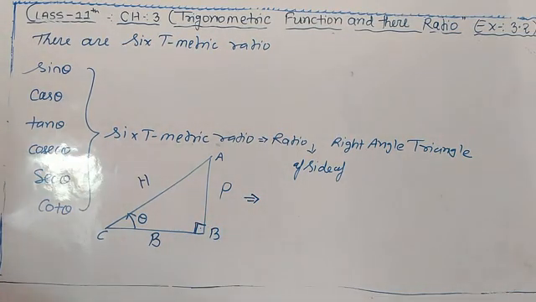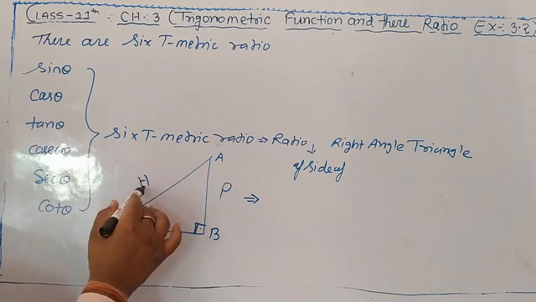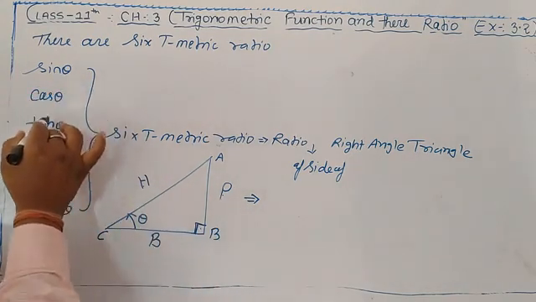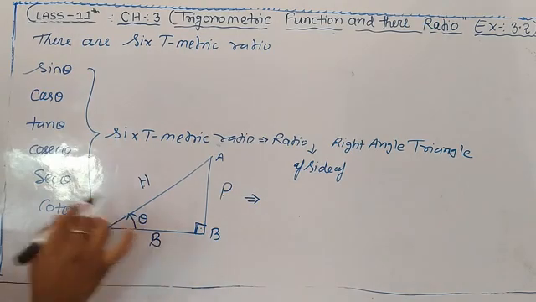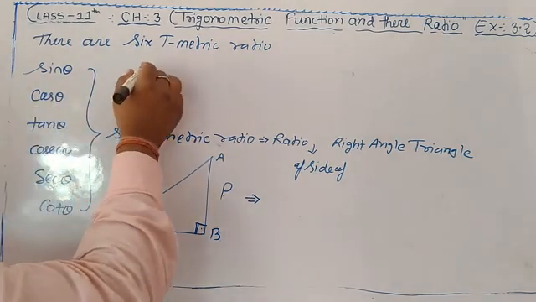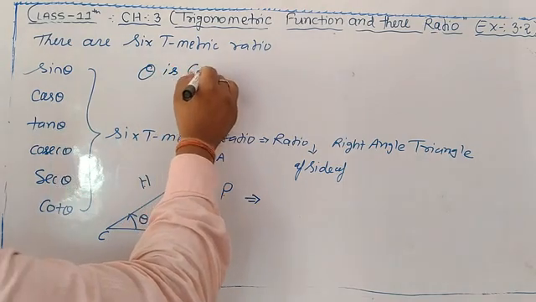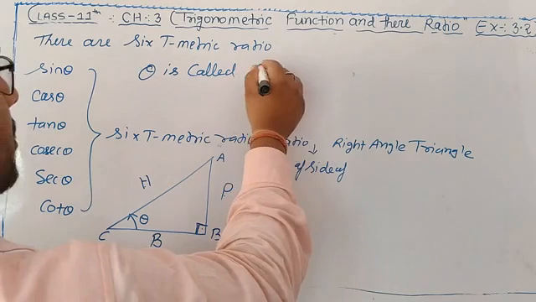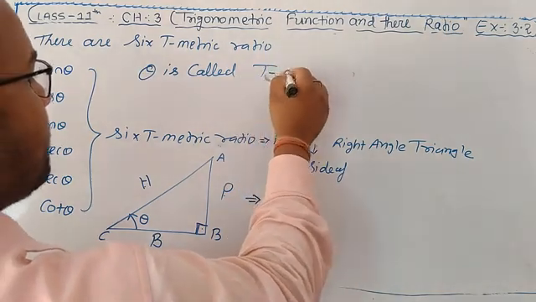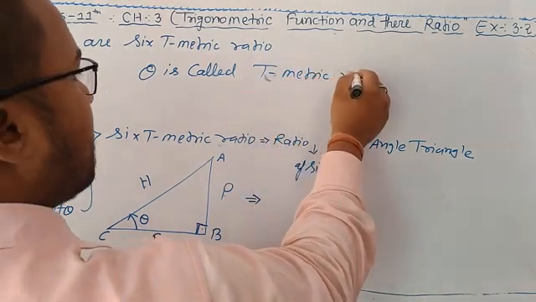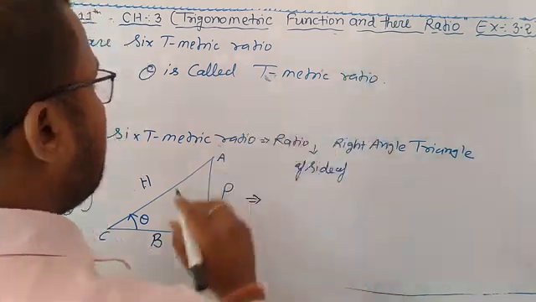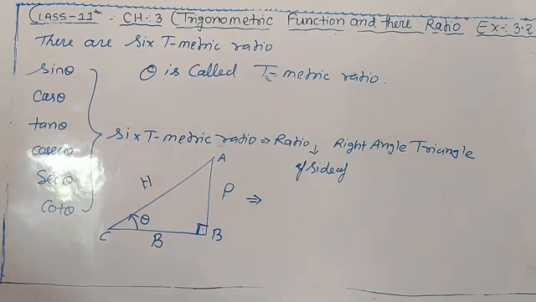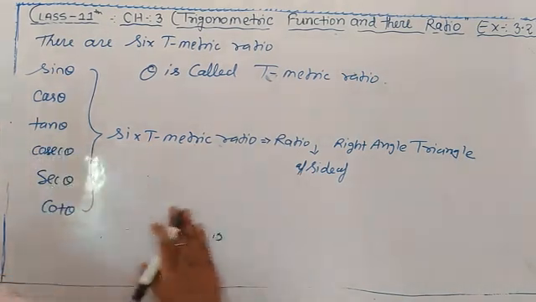So hypotenuse, base and perpendicular define the ratios of the right angle triangle depending on theta.